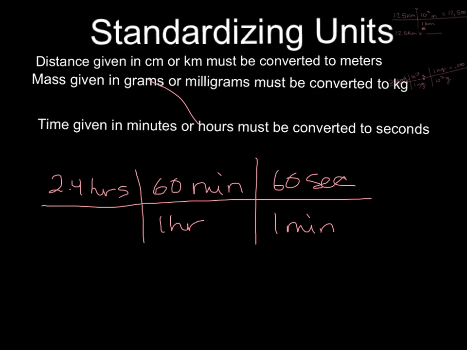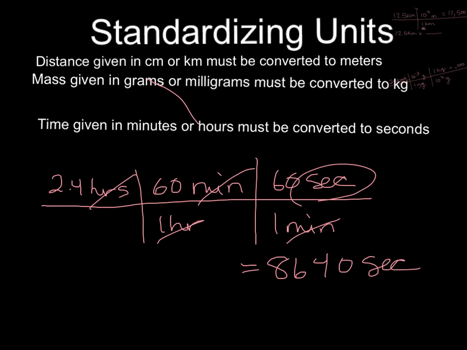See how when they're diagonal from each other, we'll cancel those, so the hours cancel. And the minutes are diagonal from each other, so the minutes will cancel. And we're left with seconds like we want, so we're going to go 2.4 times 60 times 60. And that's going to give us 8,640 seconds.